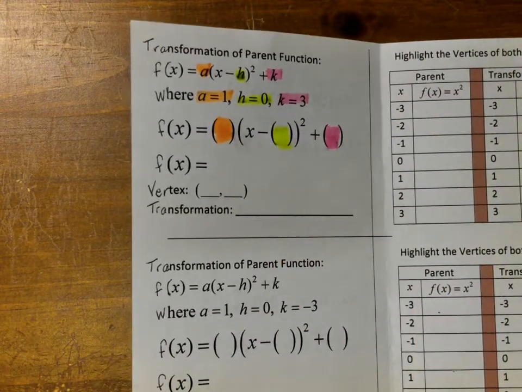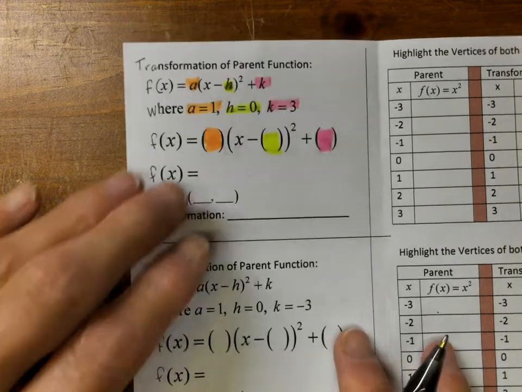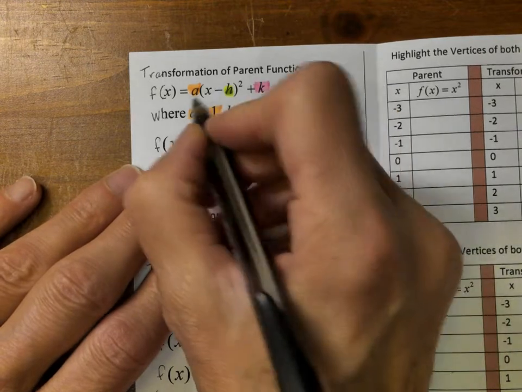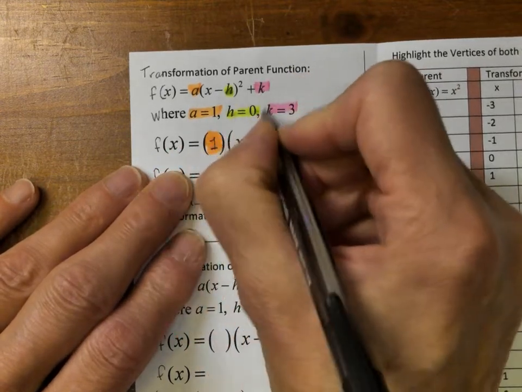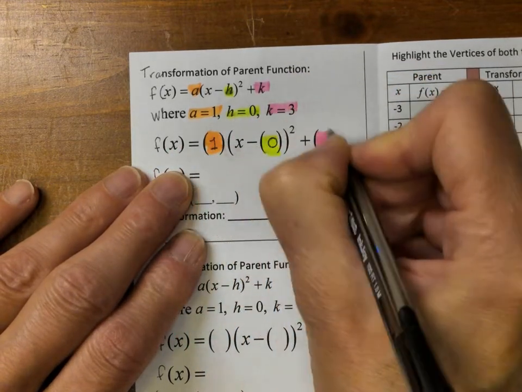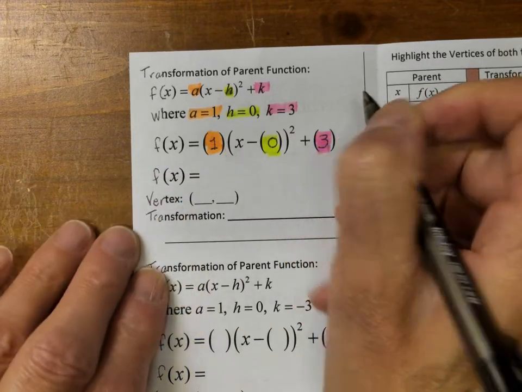So that means we have to take those values for A, H, and K, and we have to plug them into the formula. So A is 1, H is 0, and K is 3.